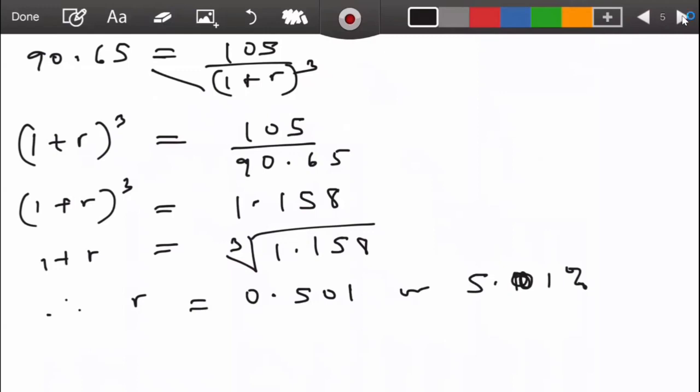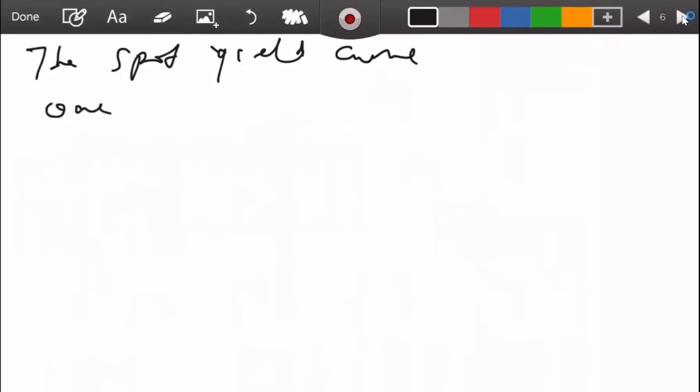So what is left now is to construct the spot yield curve. The spot yield curve will be as follows. For the 1 year bond, we calculated it to be 3.88%.